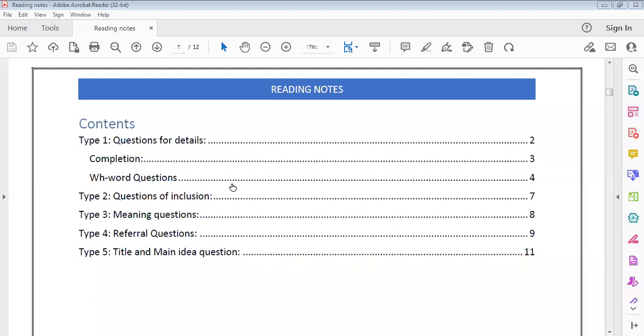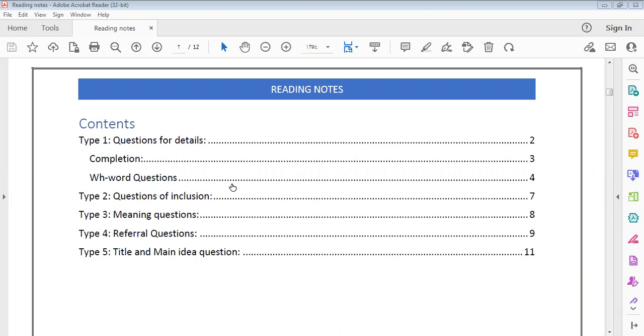I ask you about the meaning of the word as defined in the passage, not the dictionary meaning. I ask you about the meaning of the word according to the passage in front of us.